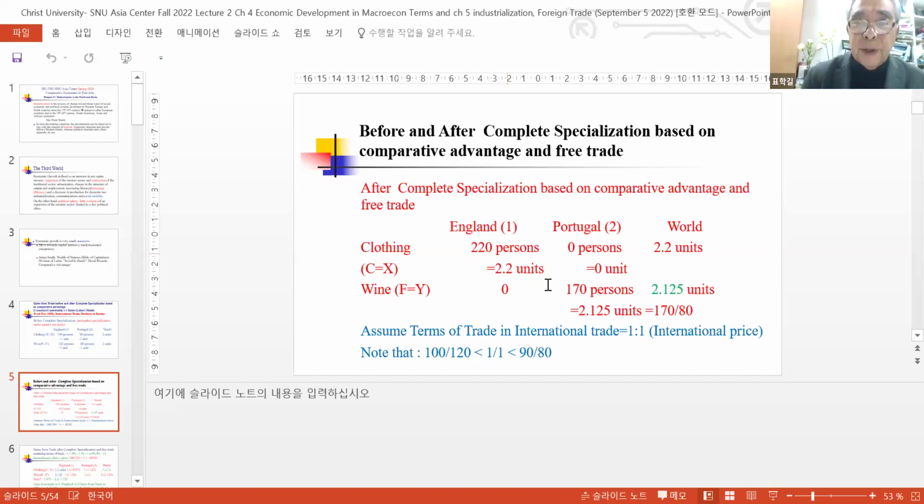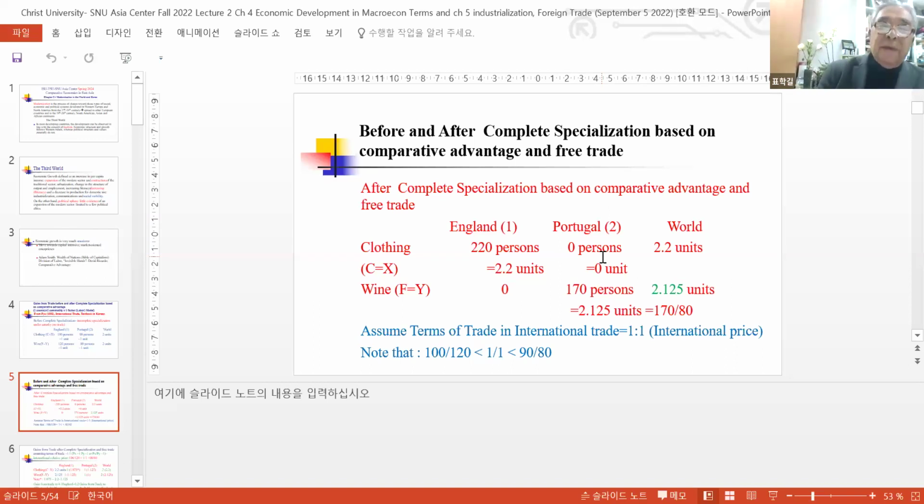Then the gain accrued to the Soviet Union will be larger than to Portugal, the rest of the countries, its other trading partners.